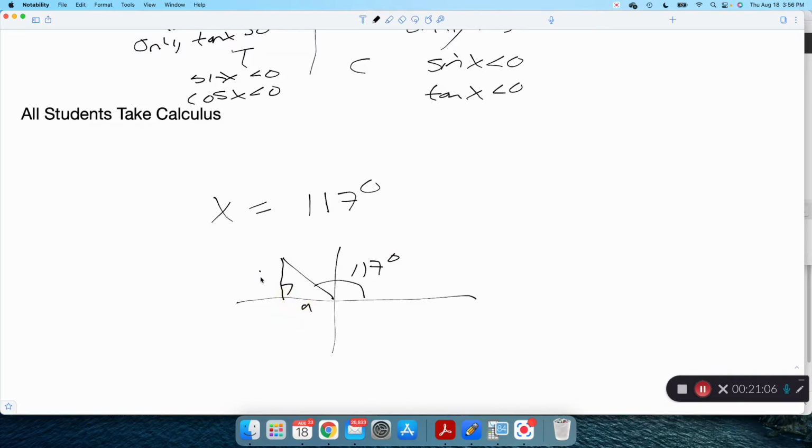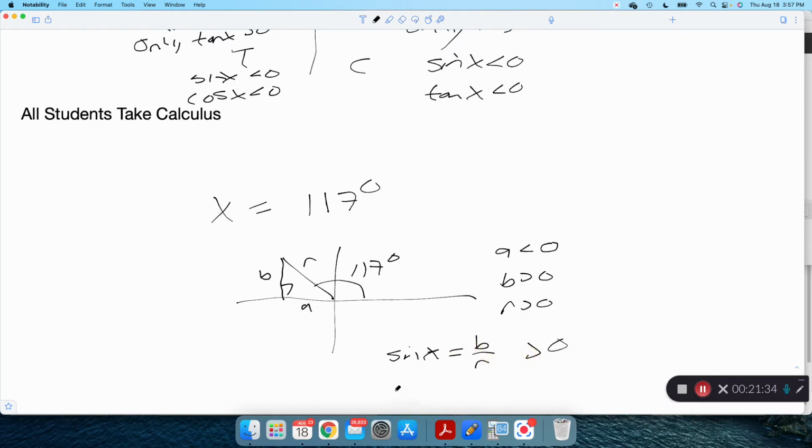Here's my little A, my little B, my little R. And I can just look at the picture and see, okay, A is a negative number. B is a positive number. R is always positive. And I could work out, well, sine of x is B over R. B is positive, R is positive.